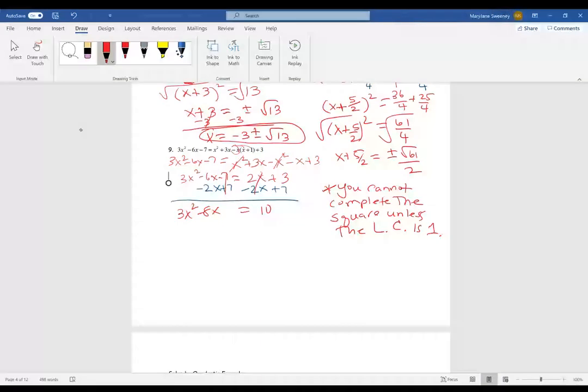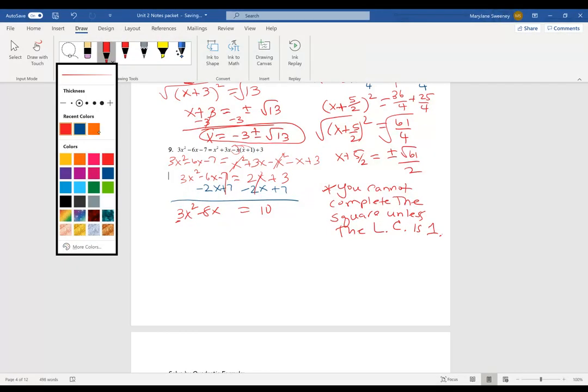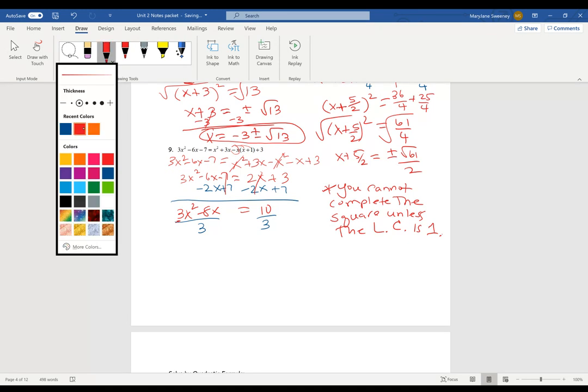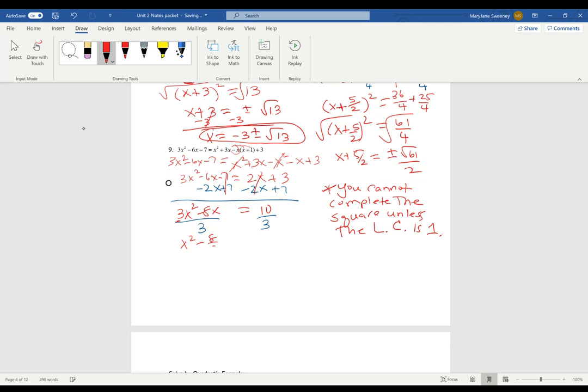They would try to take half of -8, square it, add it to both sides. You cannot do that because of that 3. That 3 has to be a 1. So what I would have to do is divide by 3 so that I get the leading coefficient to be 1.